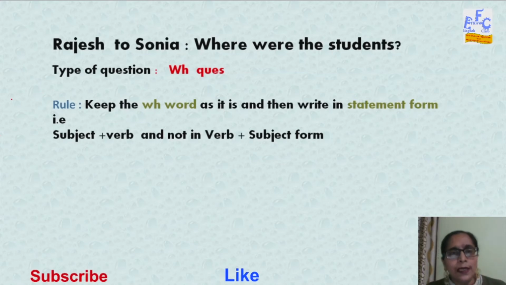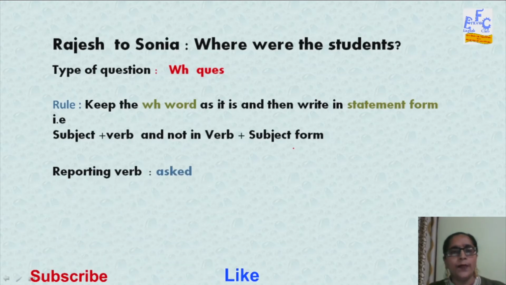The rule says keep the WH word as it is and write in statement form, that is subject plus verb, not verb plus subject form. And the reporting verb that will be joining the reporting clause with the reporting speech will be asked. So, let's explore and find out how it is converted.